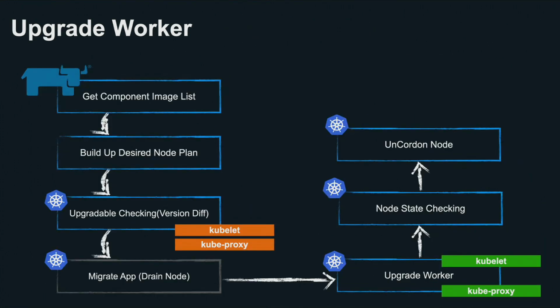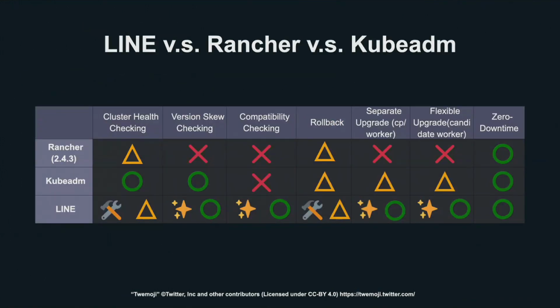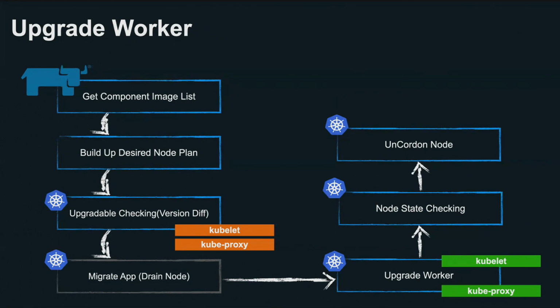Here is what the complete upgradable worker flow looks like. First, it will get the necessary image list based on the desired Kubernetes version. Second, it will build an object called the node plan. This node plan includes the desired image and argument list of the kubelet and the kube-proxy, because only the kubelet and kube-proxy run on the worker node.